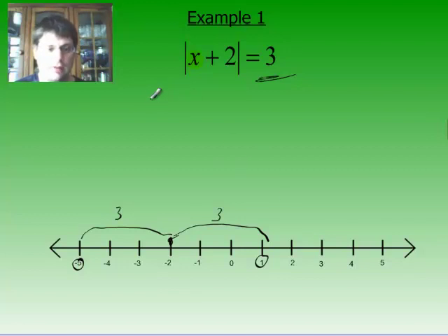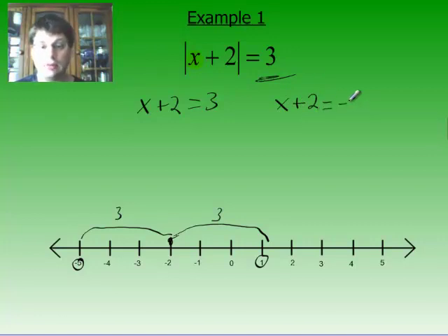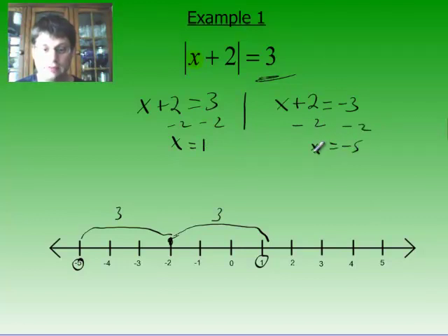So if I have x plus 2 equals 3, because we're removing that absolute value sign, it could be a negative 3 as well. And then we're going to solve these independently. So this one we would just subtract 2 from either side, and x could equal 1. And we'd subtract 2 from either side here, and we'd see that x is equal to negative 5.